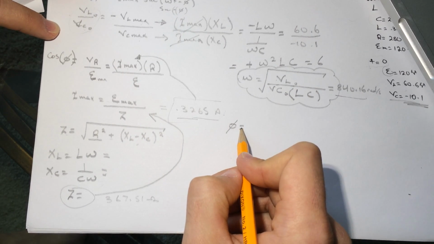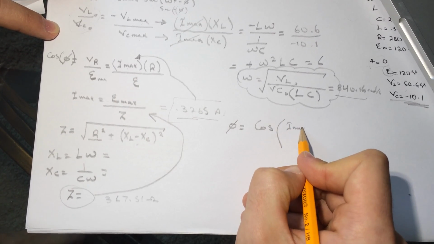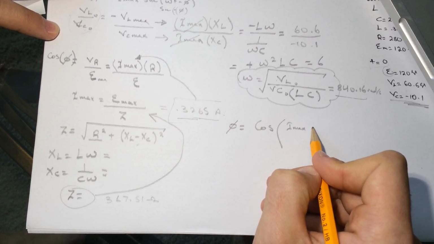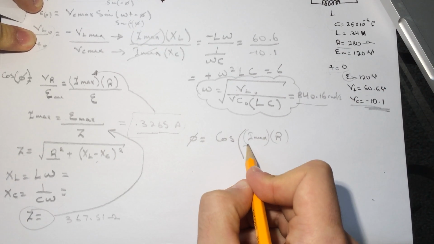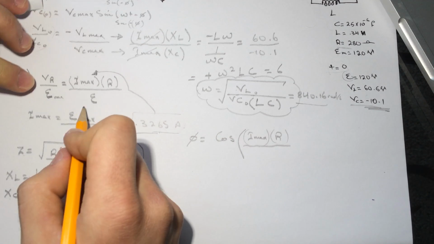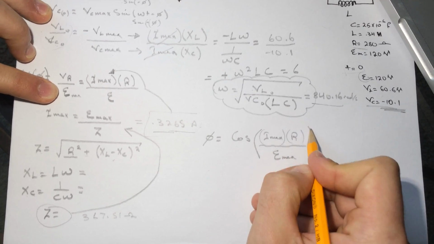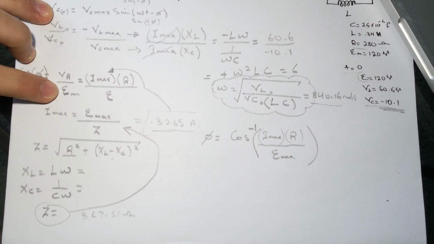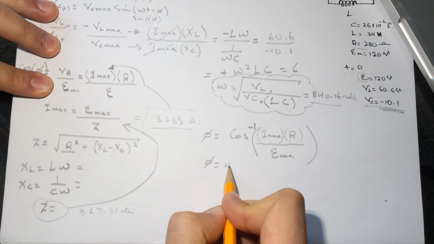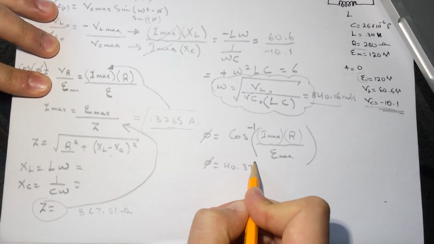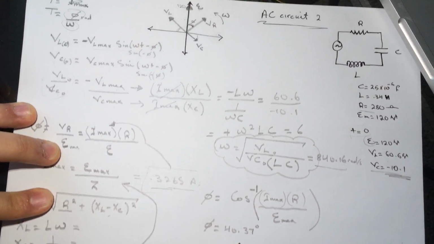So the phi is the cosine inverse of the I max, which we got right here, times the R, which we have from the question, and then divided by the voltage of the generator, V max. So the phi I got was 40.37 degrees.